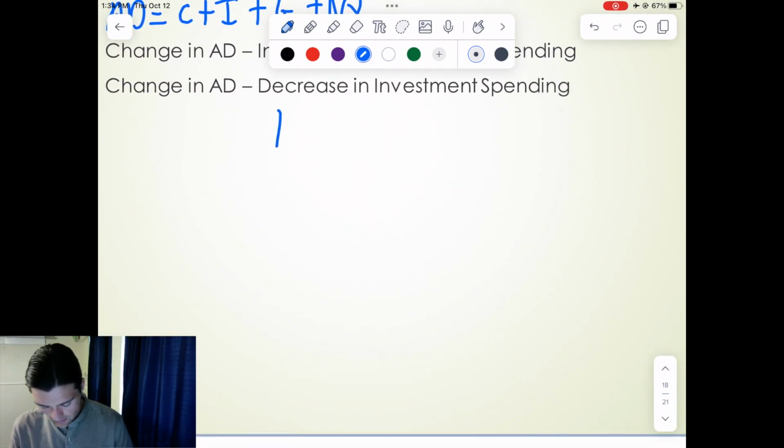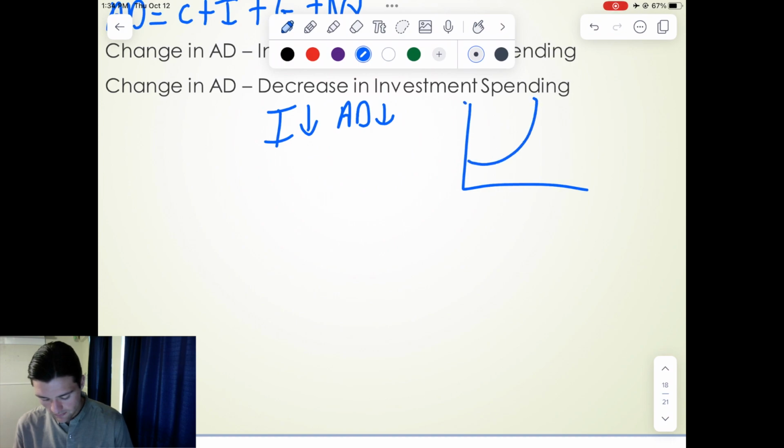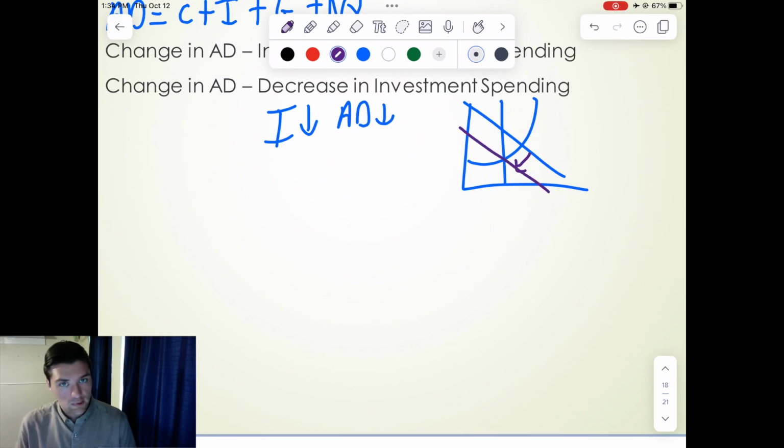So if investment goes down, aggregate demand goes down. If we were to look at the graph here, and you were to decrease investment spending, okay, you would see that prices go down, output goes down.